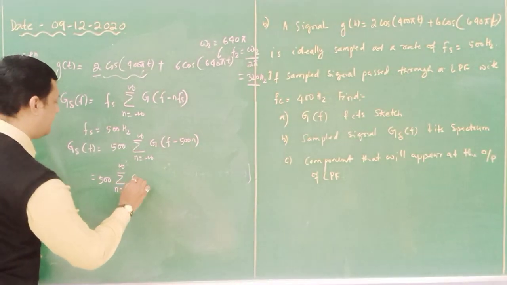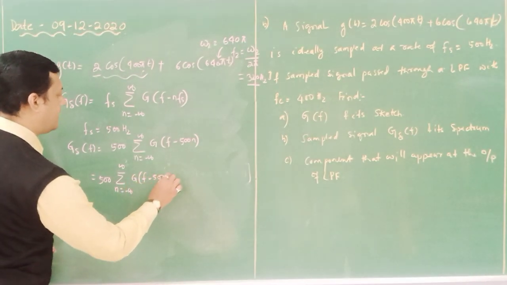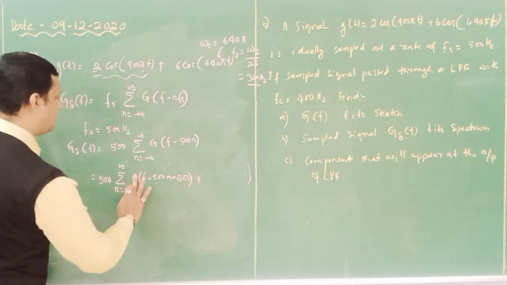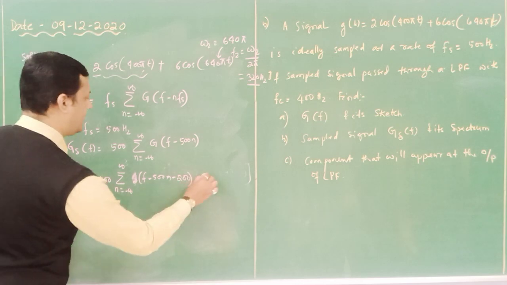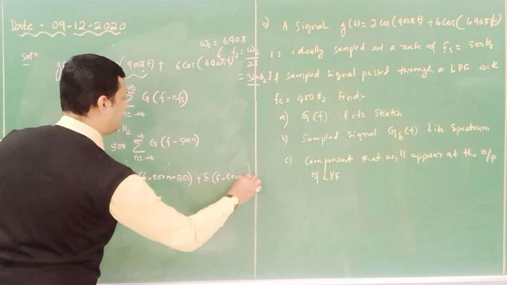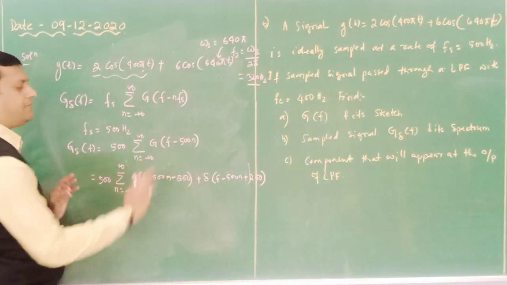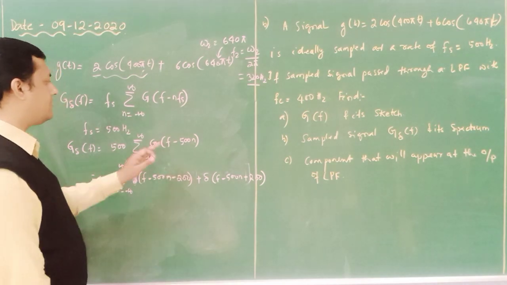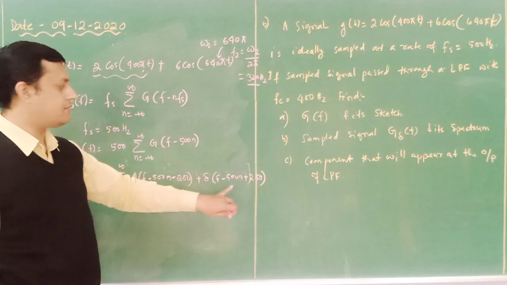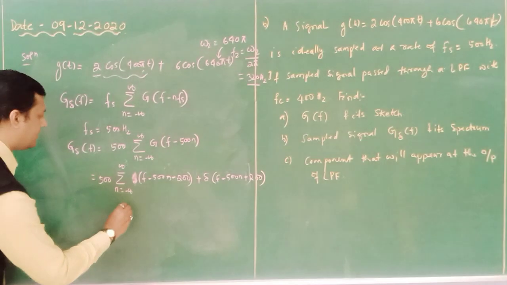My resultant value is del of f minus 500n minus 200. That is the first. This is del. Okay. And del of f minus 500n plus 200. Done. Because f is replaced by f minus 500n. So f is replaced means f minus 200 and f plus 200. So this is the first component.